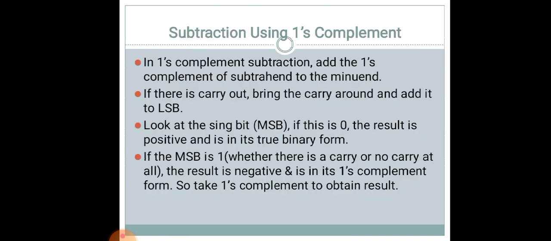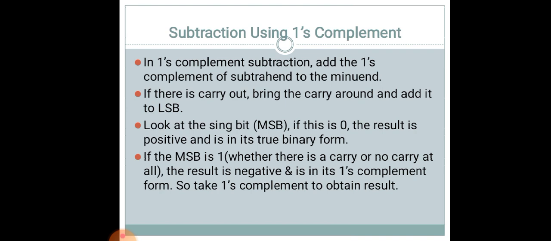Then we have seen the subtraction using ones complement. We have seen some rules for ones complement subtraction. If a minus b is there, then the first rule is to find the ones complement of the number to be subtracted. Then add the ones complement of that number, that is b, the second number, to the first number.